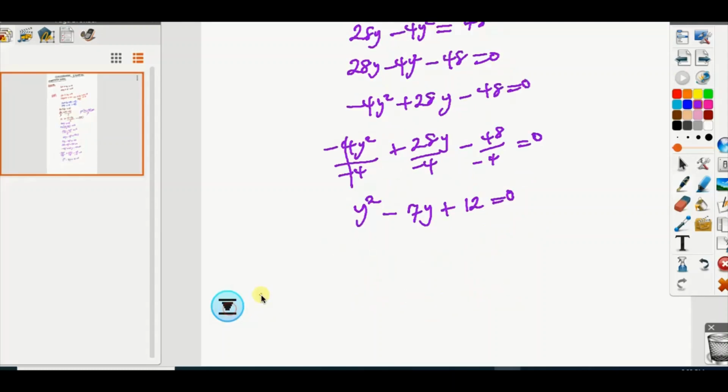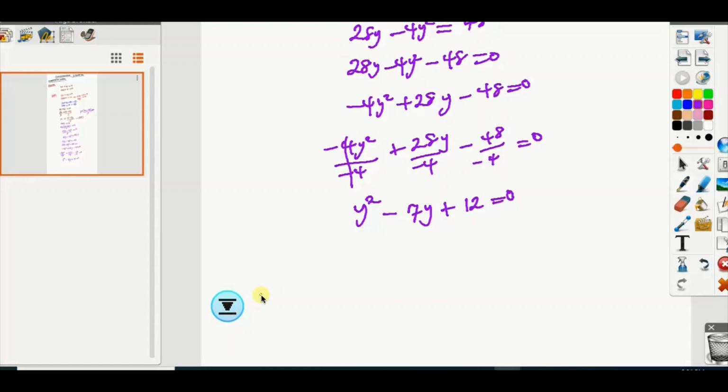This quadratic equation, we can now factorize it. You can use factorization, you can use the completing the square method, or you can use the formula. You can use any of these three to solve this quadratic equation, but I would like to use factorization.